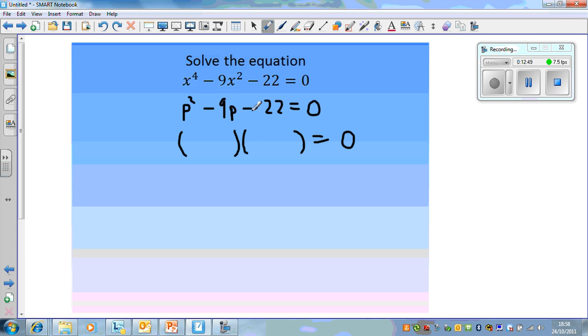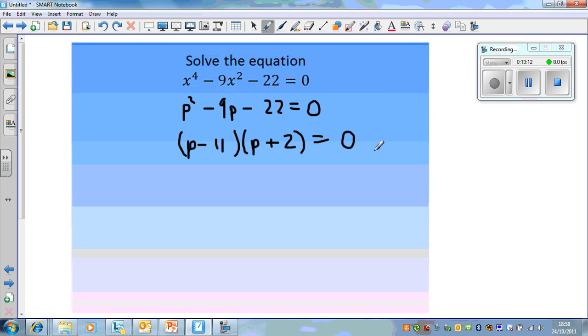So, two numbers that multiply to minus 22 and add to minus 9. Now, 22 is 11 times 2. So I'm thinking, right, minus 11 and plus 2, yes, there we go. (p minus 11)(p plus 2).